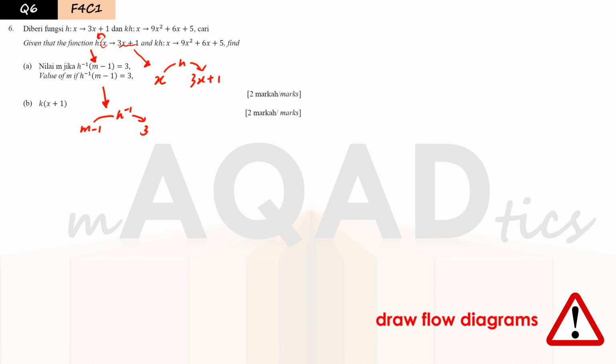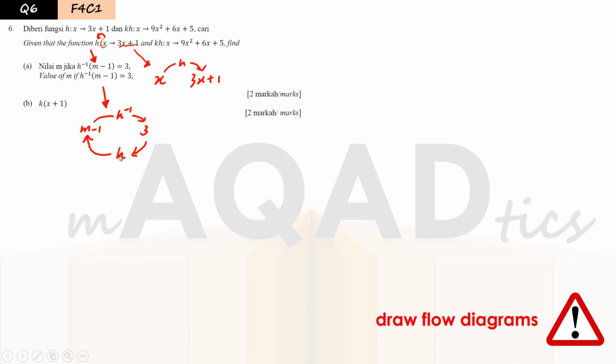Or meaning, if I want to go from 3 to m minus 1, I need to put 3 into the inverse of h, which is h itself, right? The original h itself, and then I can get the original value m minus 1, because the inverse of h is the opposite of h.